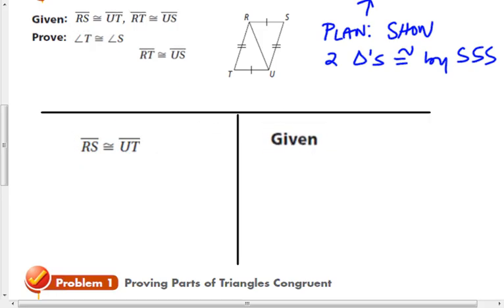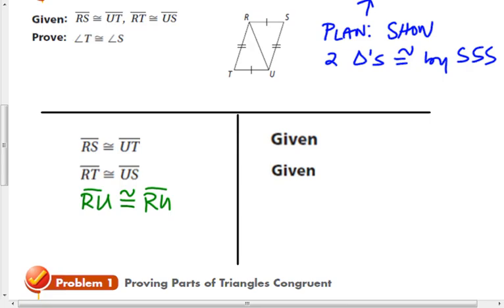And we also have RT is congruent to US, another side, and that's given. And we have one other side that we can say is congruent, and that's RU is congruent to UR, and that's the reflexive property of congruence.